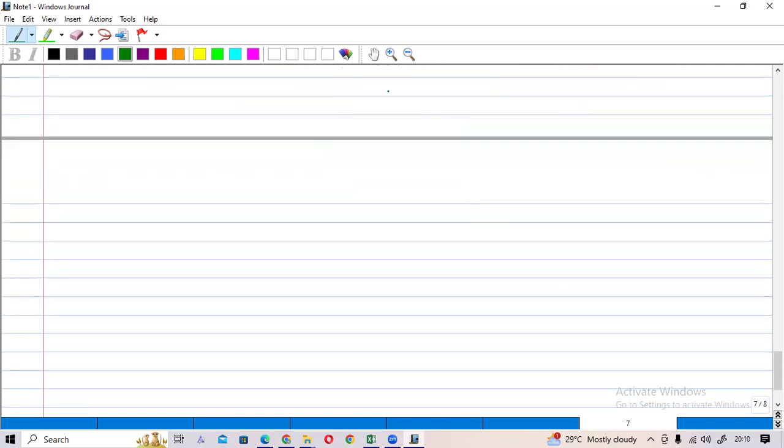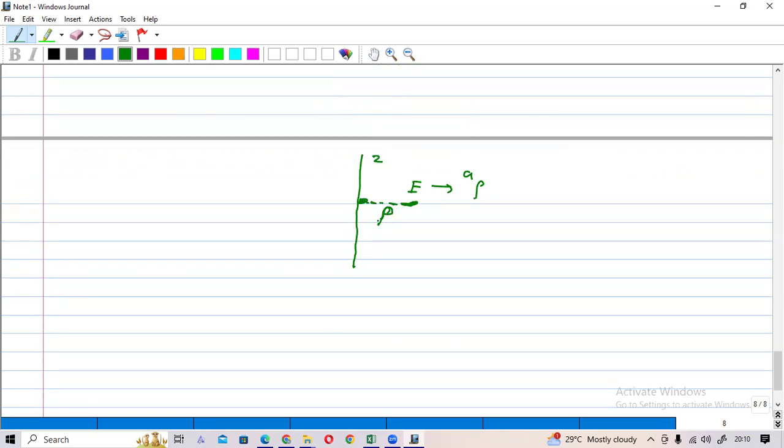So what I want to tell you is that if we place that line integral with respect to the z direction, any point E field can be defined in the rho direction. Any E field depends on the distance from this one, and that distance is rho. So E is defined as 1 over 4 pi epsilon rho.